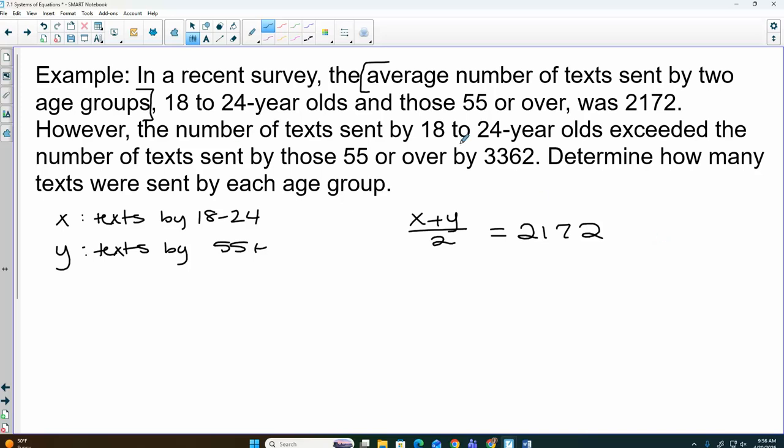Okay, the number sent by those 18 to 24-year-olds exceeded the number sent by 55 or over by 3,362. How would I write that equation? If we're finding out how many it exceeded, it's how many more.